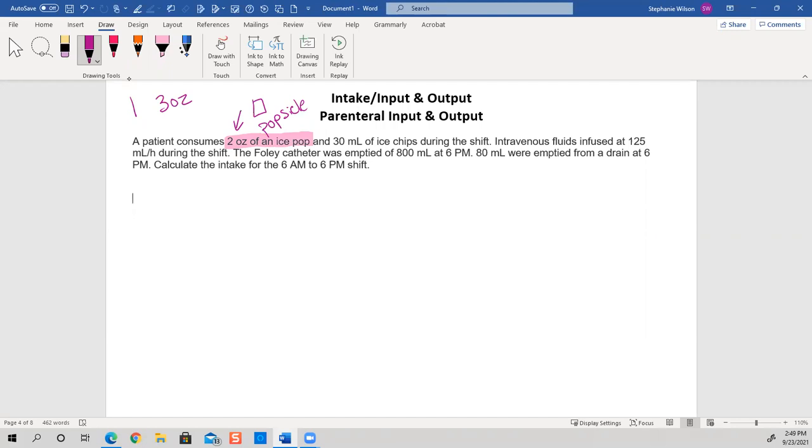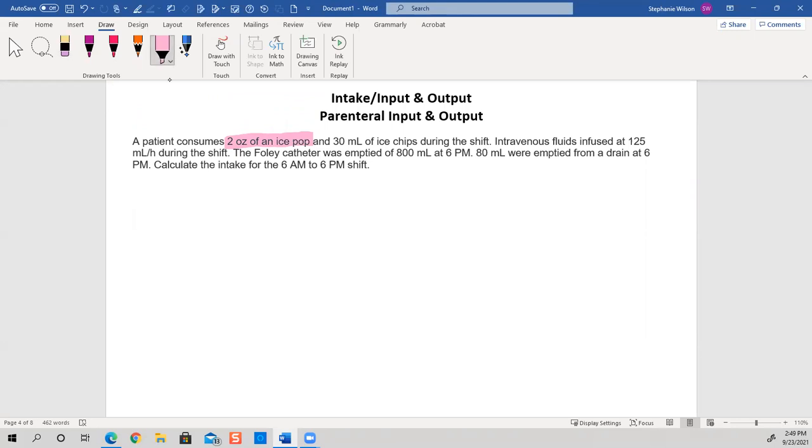Guys, watch for this. If I literally say 2 popsicles, then we know it's going to be 3 ounces each. However, in this case, that popsicle is already in a container and has been weighed at 2 ounces. So I just wanted to give you that little heads up.